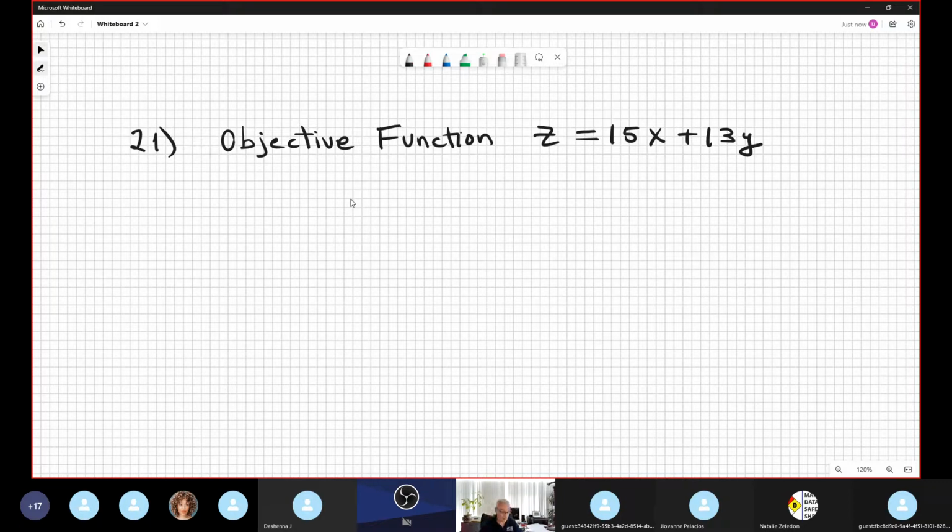Okay, no problem. And you have the constraints. Okay, the constraint normally is a system. There are several inequalities together.